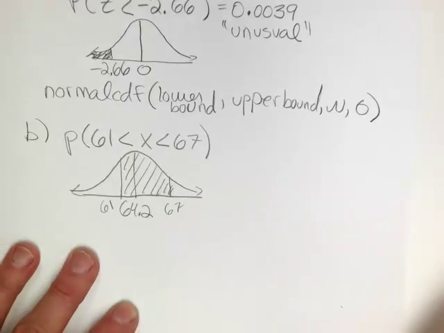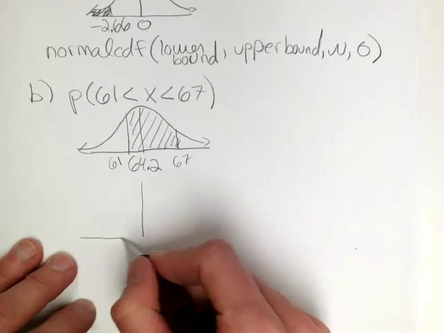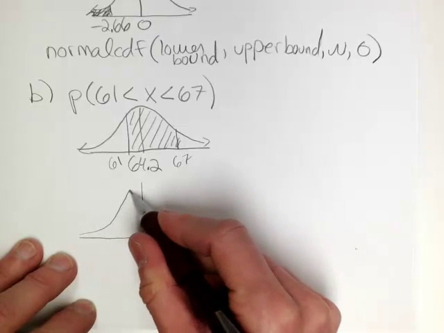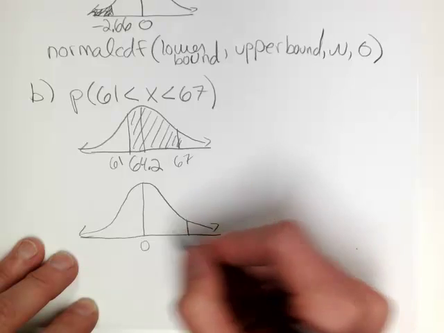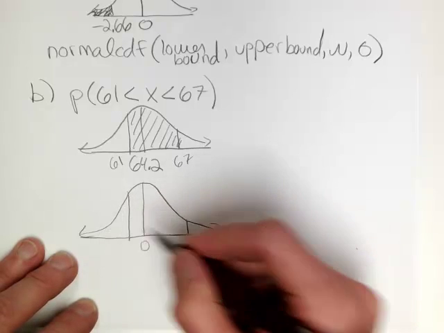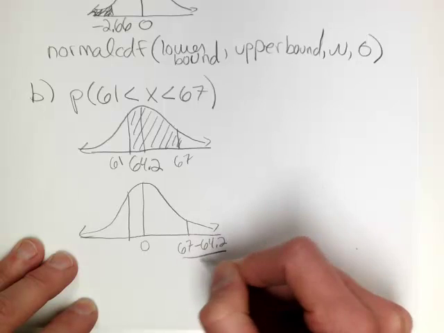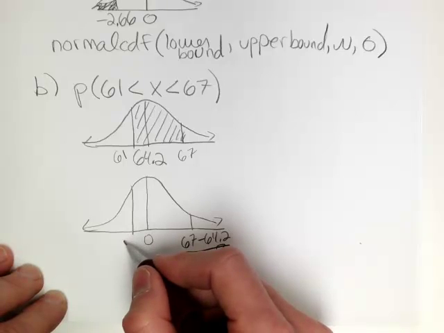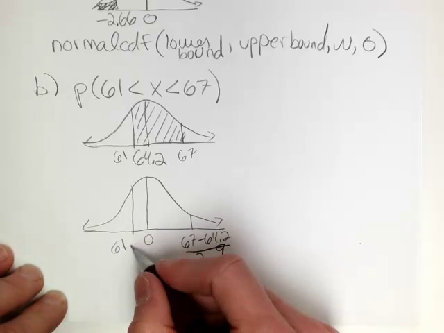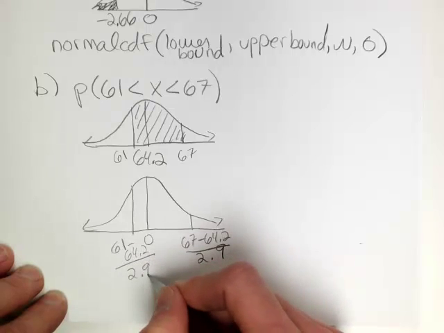I could convert to a z-score like I did in part A, but I'd have to do the two endpoints. So this would be 67 minus 64.2 divided by 2.9, and this z-score would be 61 minus 64.2 over 2.9.